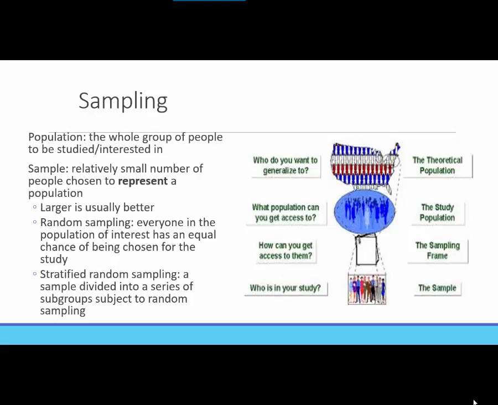And that's because while your question refers to a population, the entire group of people that you are interested in who are relevant to your study, in almost all cases, it is not possible to actually include an entire population in your research. It is necessary to have a sample. And so a sample is a relatively small number of people who are chosen to represent a population.